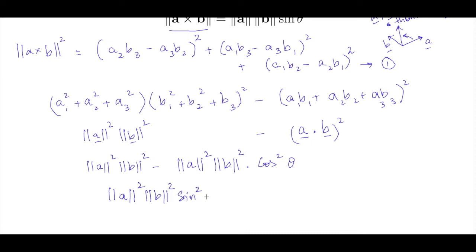If I cancel the square here, the length is given by length of A times length of B times sine of theta. Okay, so this is what we have proved here.